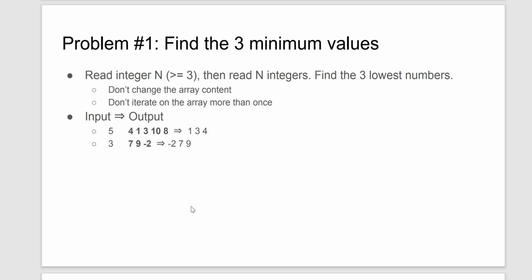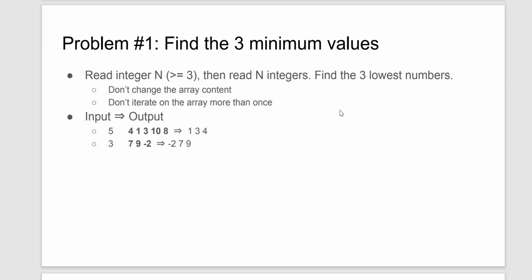So this problem is find the three minimum values, and what we're asking is the user will input an integer n and then read n integers into our program. What we want to do is find and output the three lowest numbers in order.